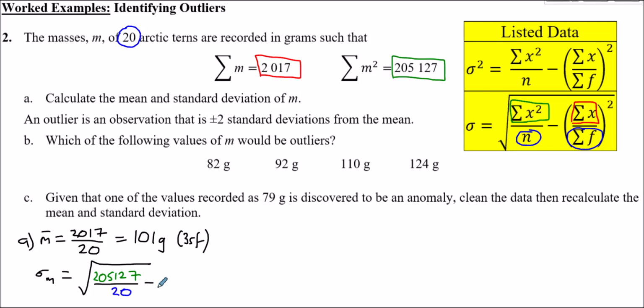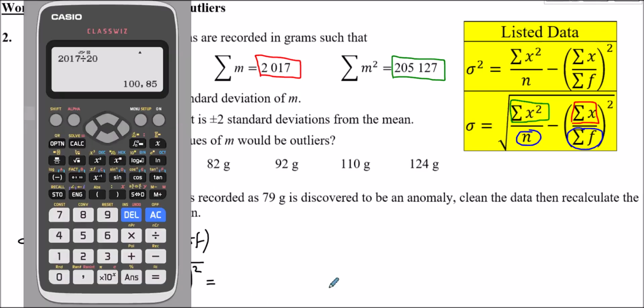And we're going to minus from that the sum of the values, so sigma x, which is our sigma m, which is 2017. We're going to divide that by the total frequency, which is 20, because we've got 20 of these terns, and that's squared. All of this square rooted, of course.